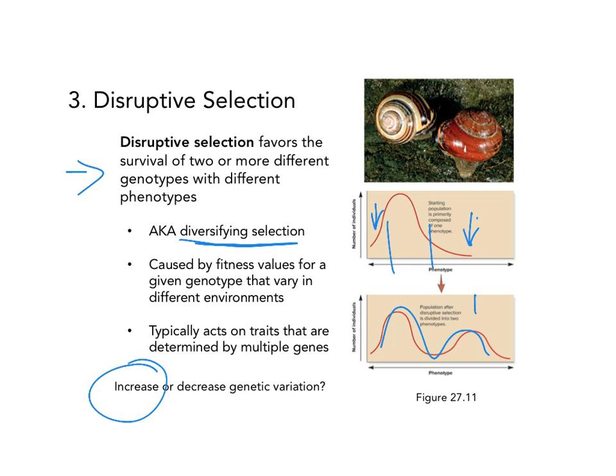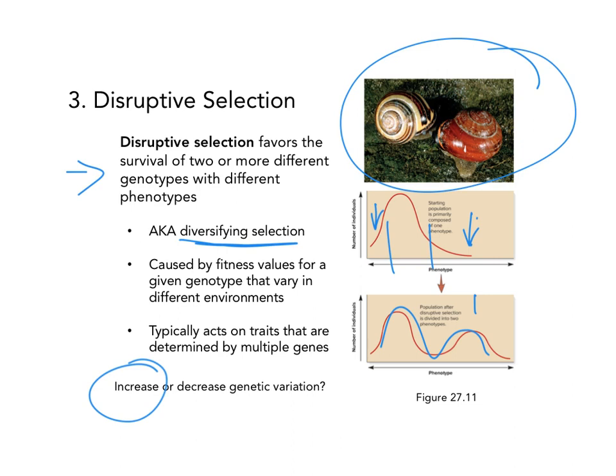A classic pattern of this is seen with snail color or shell color. So this would be the same population, but the individuals that live in the woods with open soil tend to be more brown in color, and their shells are more brown in color. Whereas individuals that live in woods that have leaf litter tend to be pinker in color.